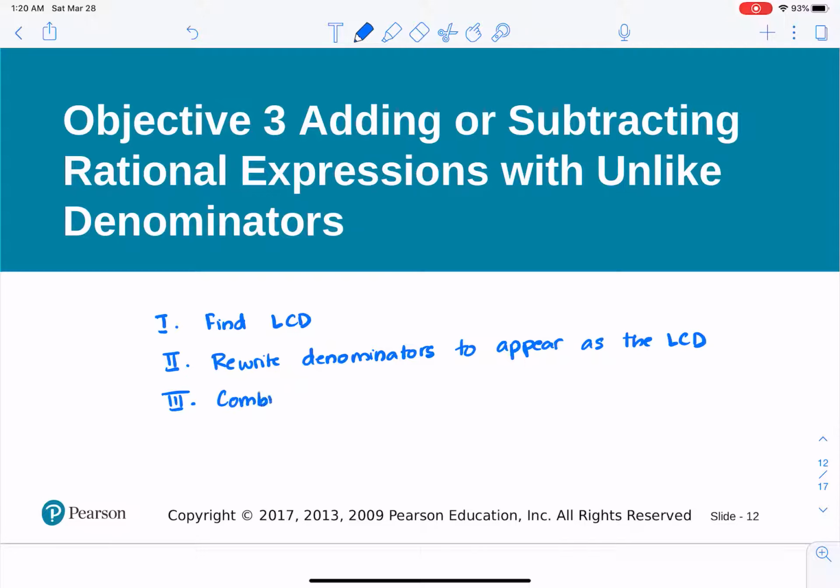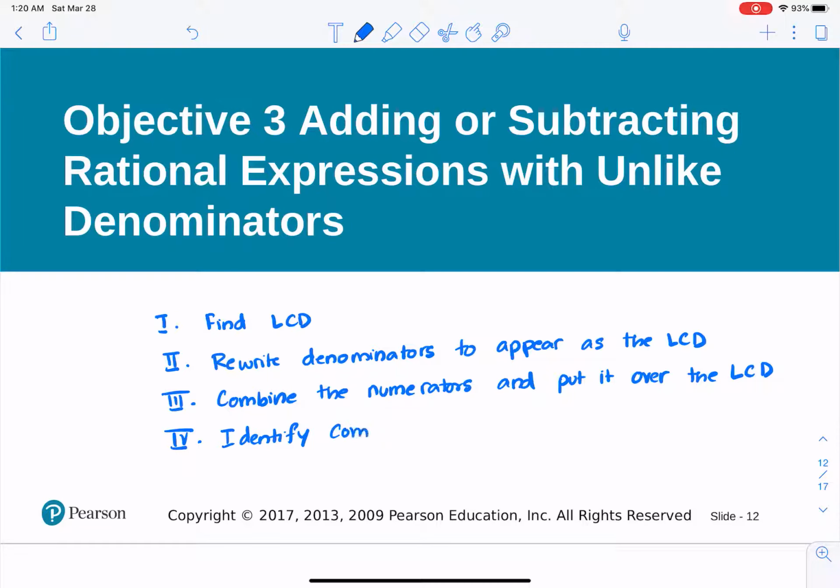Combine the numerators and put it over the LCD, which is common to both the denominators. Identify common factors between the numerator and denominator.